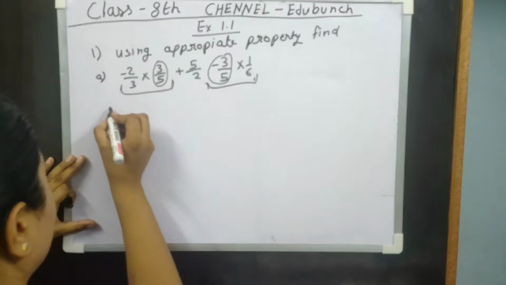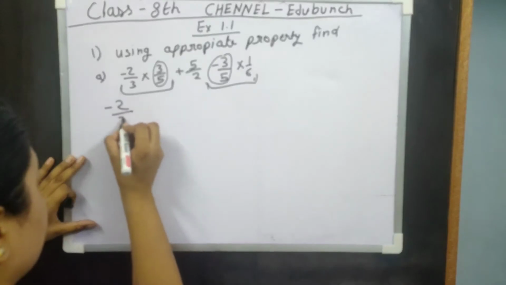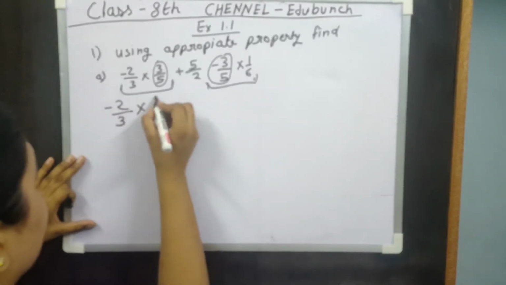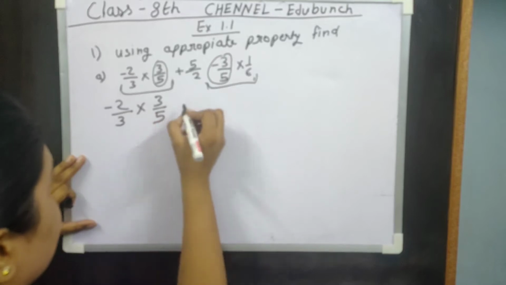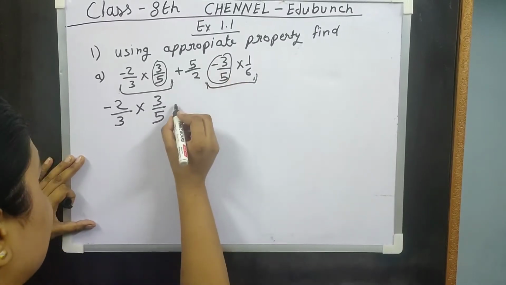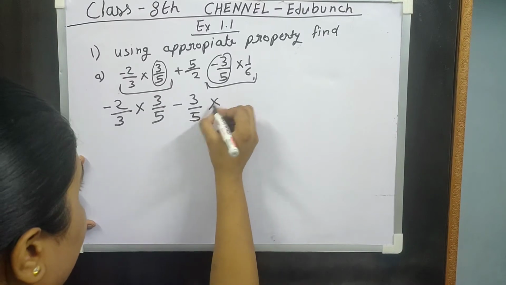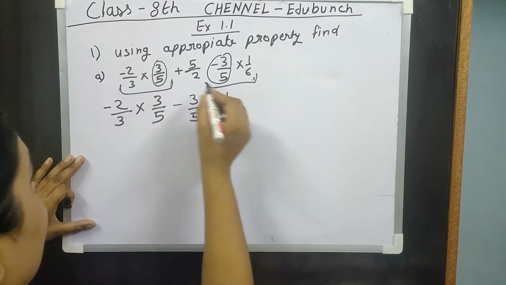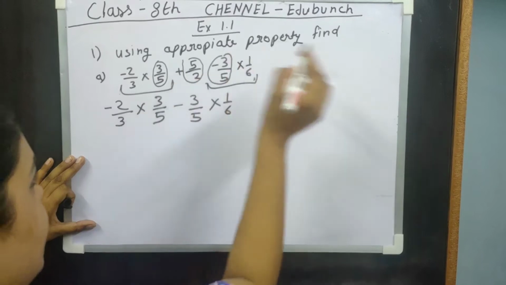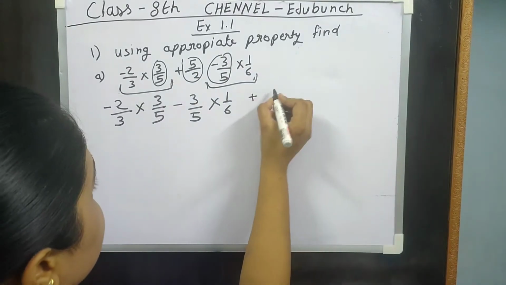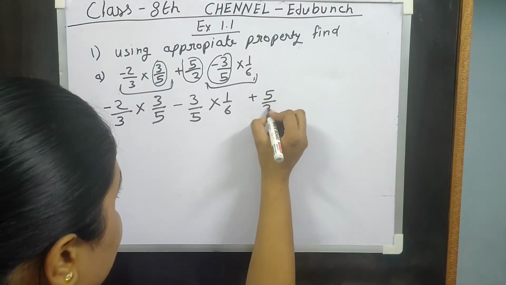It means we will write these digits together: minus 2 upon 3 multiply 3 upon 5. Then here is a minus, so we will write here minus 3 upon 5 multiply 1 upon 6. Now we take this digit at the last, plus 5 upon 2.